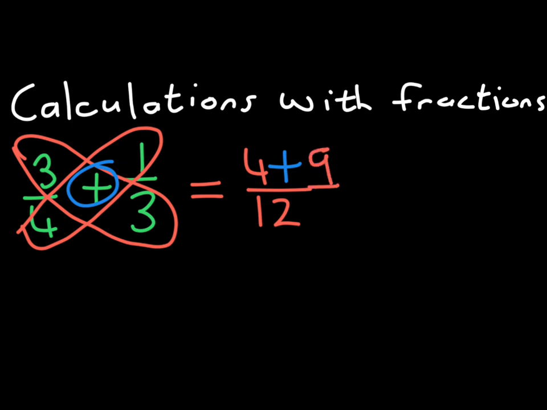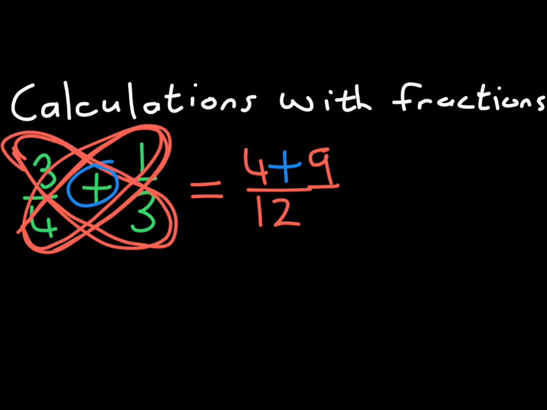So we add those two numbers up, put them over 12, and that once again gives us 13 over 12. So it doesn't matter which procedure you use, you will still get the same answer.